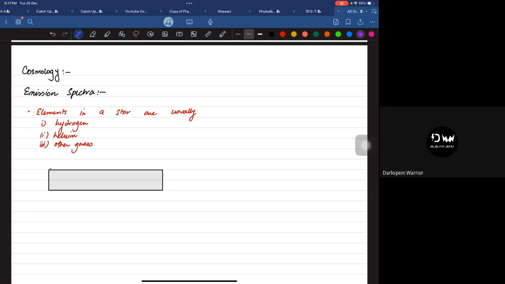For example, you would be receiving a lot of lines like these, and then maybe some lines like these, maybe some orange ones, and maybe a bit reddish ones as well. It depends on the type of gases it has.